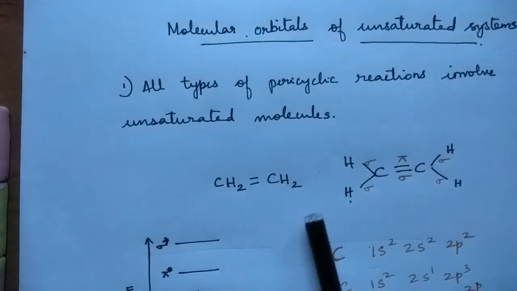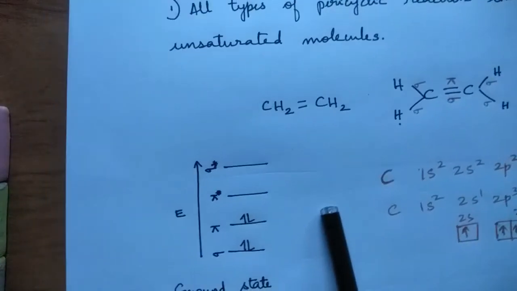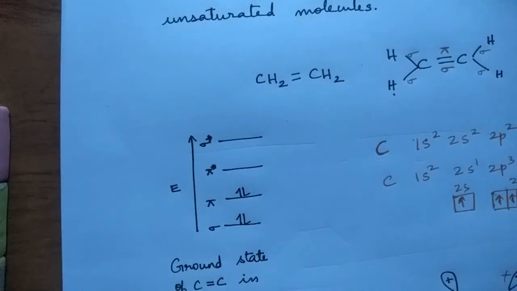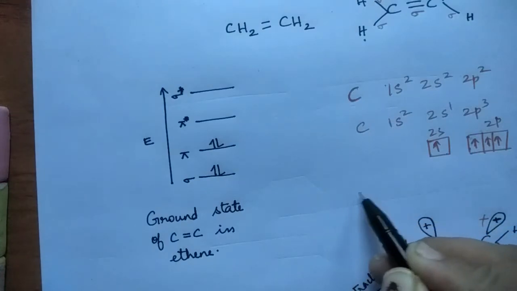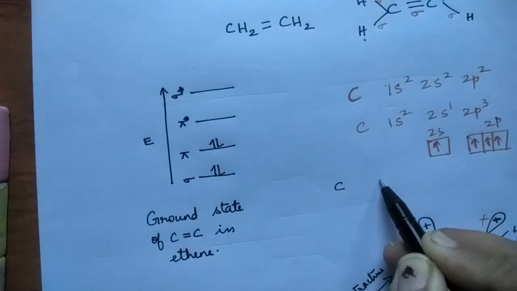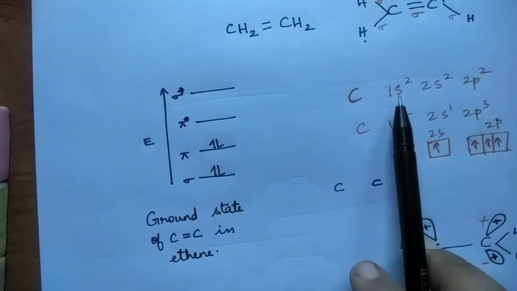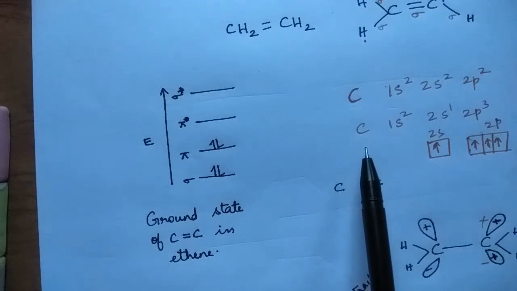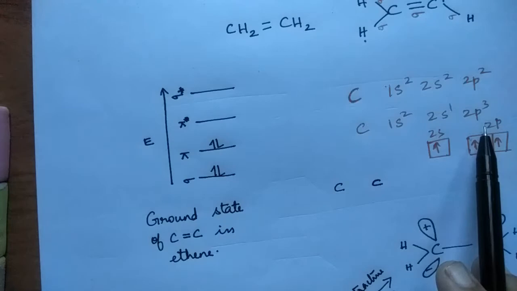So we can say that the carbon in the ground state has 1s2 2s2 2p2, and in the excited state the electronic configuration is 1s2 2s1 2p3.